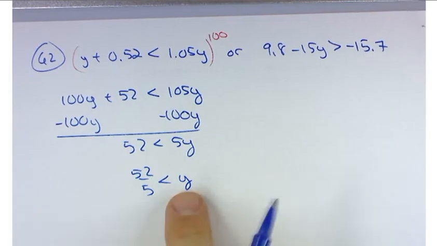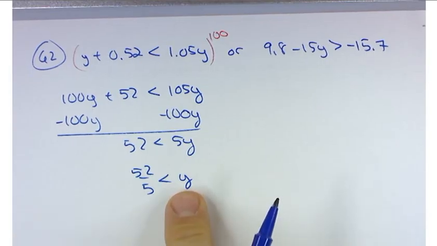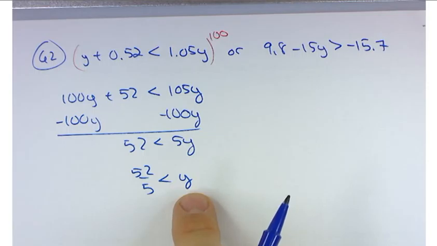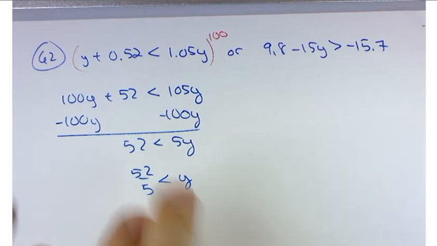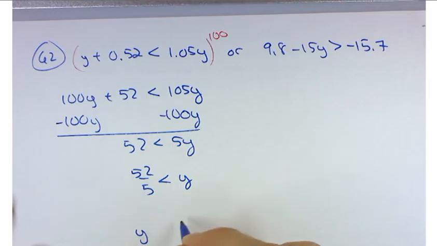One thing that's kind of convenient, if you were to write this with the variable on the left-hand side, then it's a little easier to graph. Let me show you why. Let's write this with the y here and the 52 over 5 here. What inequality is going to be between these if I flip it? Less than or greater than?